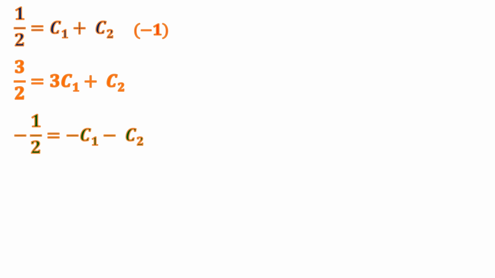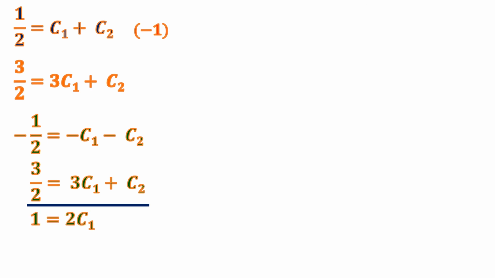Distribute the negative 1, which changes the signs, and copy the orange equation. Then we combine. Negative 1 half plus 3 halves is 1. Negative c1 plus 3c1 is 2c1, and c2 will be 0. Then divide both by 2. So c1 is 1 half.